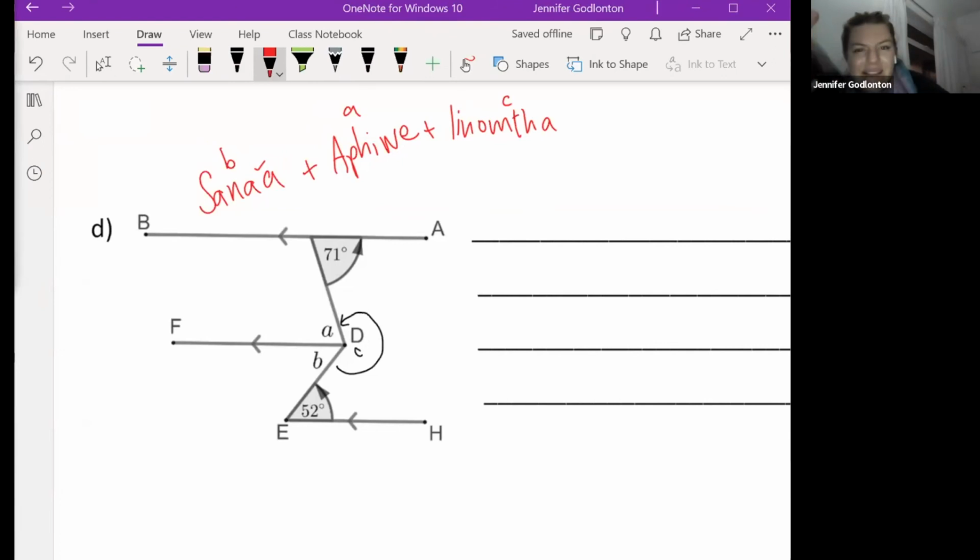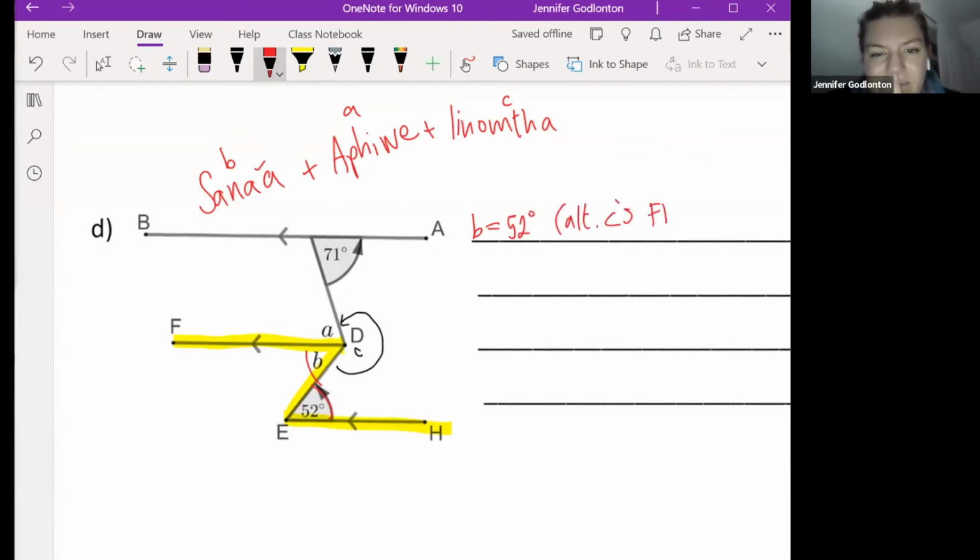Okay. So now, can you tell me how you started with finding B? So ma'am, I can see that there's parallel lines. So I took the angle of 52 and it's alternate to B. And then the reason would be alternating angles. And the parallel lines would be FD is parallel to HE.